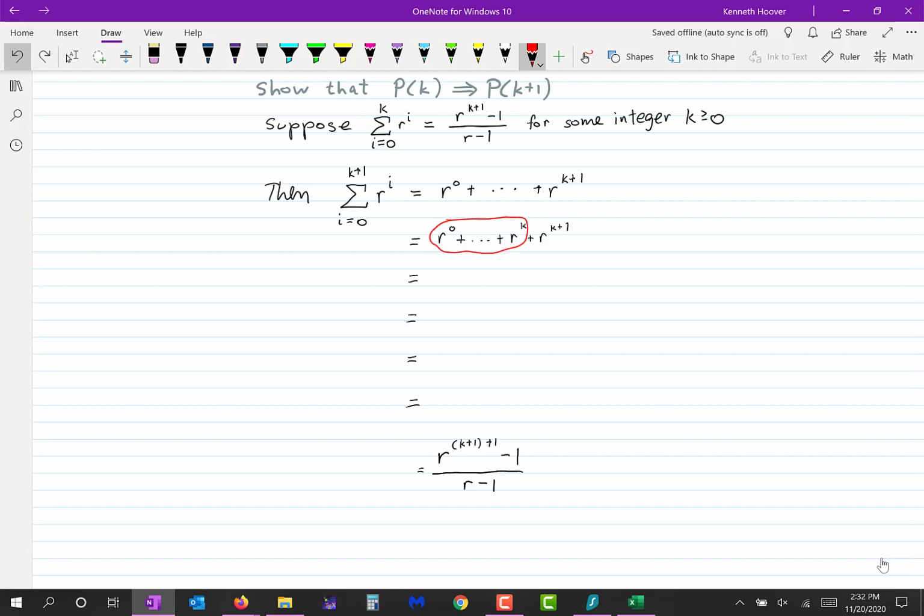So we have here r to the k plus 1 minus 1 over r minus 1 plus r to the k plus 1. You see how I used this formula right there to replace, here let's use a highlighter, to replace this with this. Okay?